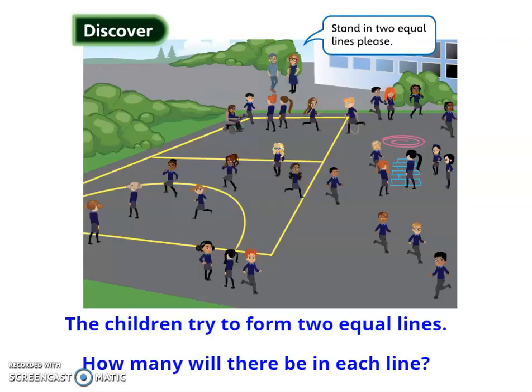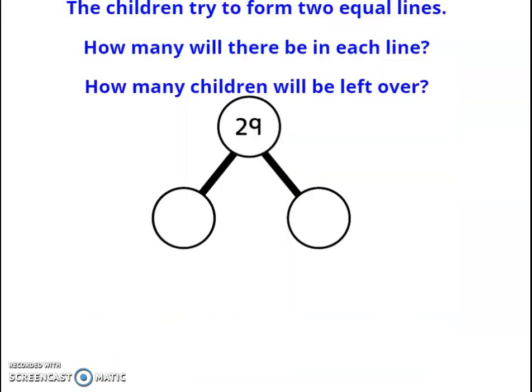For question 1b, the children tried to form two equal lines. How many will there be in each line? Will there be any left over? We're going to use the same strategy as we used in the last lesson. And we're going to begin by taking that number 29 and partitioning it into our tens and ones. So we have two tens, or 20, and we have 9 ones, or 9.